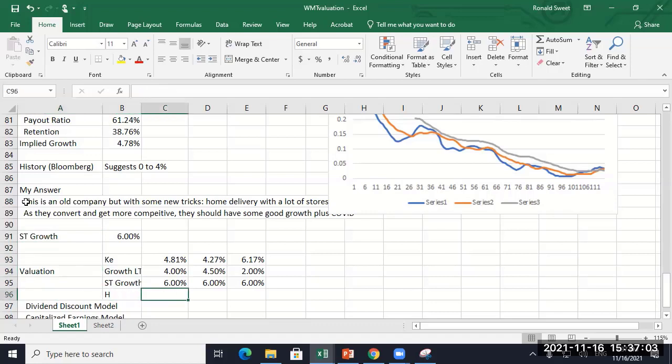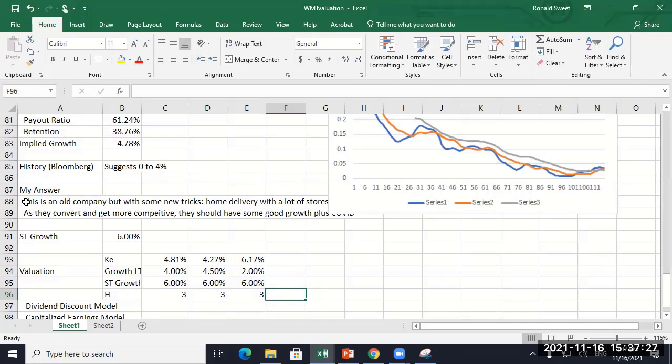So I'm gonna say 3. I'm gonna have to explain that. You're gonna have to explain that. I'm not gonna explain it for you here, but that's kind of my argument: I probably would have thought it would take longer. I think COVID is gonna speed this up, and I think Walmart's a pretty fast mover. They got a lot of resources. They've got a lot of smart people. I think they're gonna get some benefits here for the next 6 years.